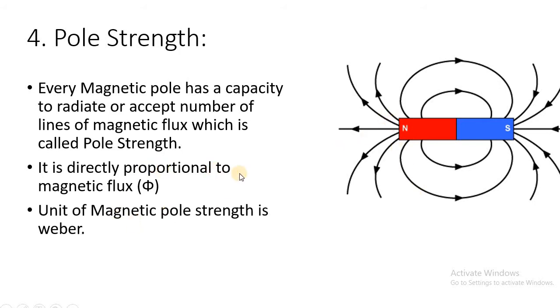It is directly proportional to magnetic flux phi, and the unit of magnetic pole strength is also Weber, because it is measured in terms of the number of magnetic lines of force.